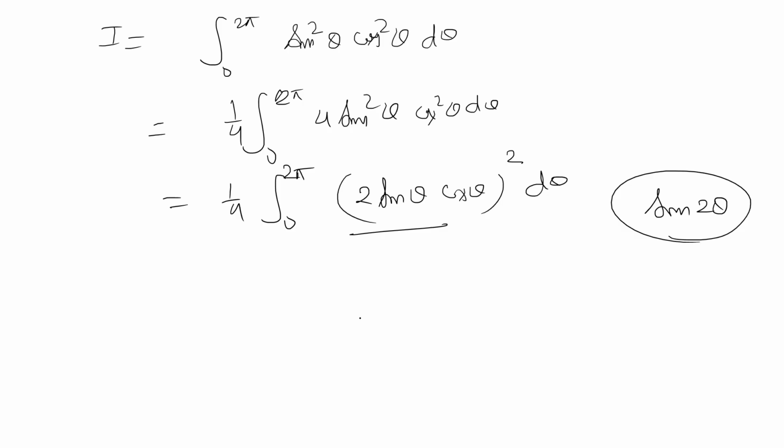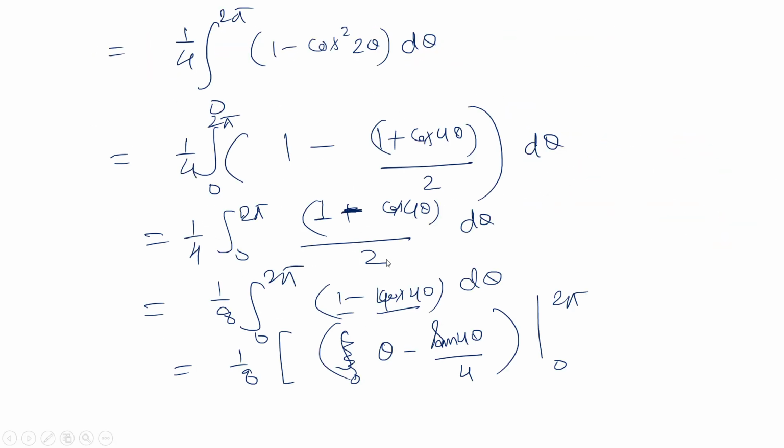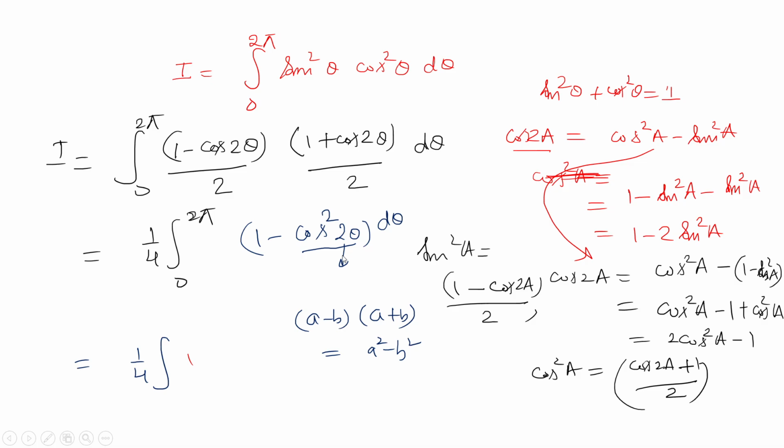So here 1 by 4, 0 to 2 pi, we can write sin square 2 theta d theta. Now again there is no option, you have to come back to cos, right? I think in this way, for the given question, we require to change 2 times, right? One is the first time, and then for cos square 2 theta we also need to change.